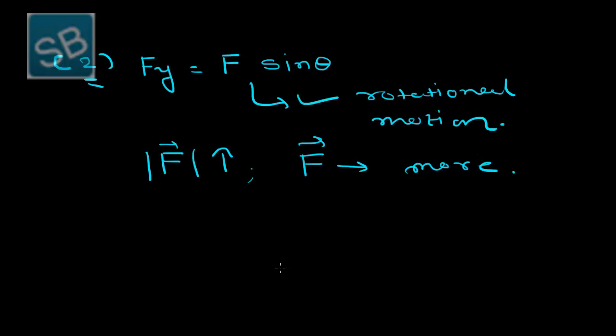Similarly, if you consider the position vector of the line of action of force to be more, then also the resultant force will be more energetic to produce the rotational motion.